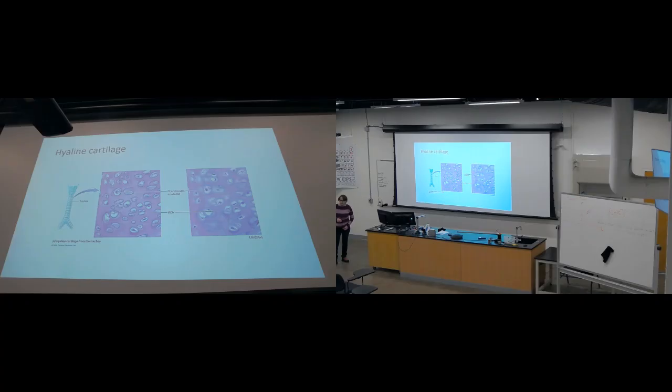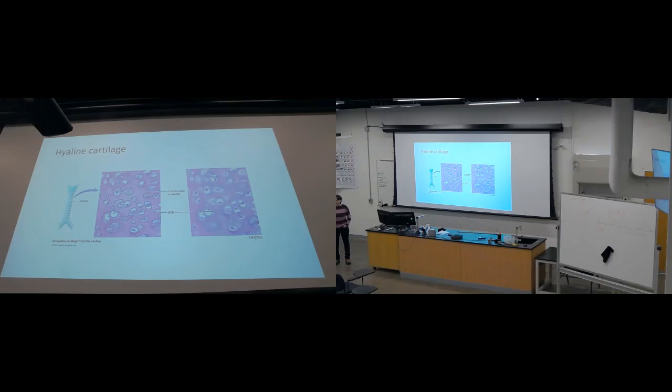And this tissue, which is softer than bone, is located in the fetal skeleton. Mostly everywhere, it is going to form, again, most of the bones in our body.